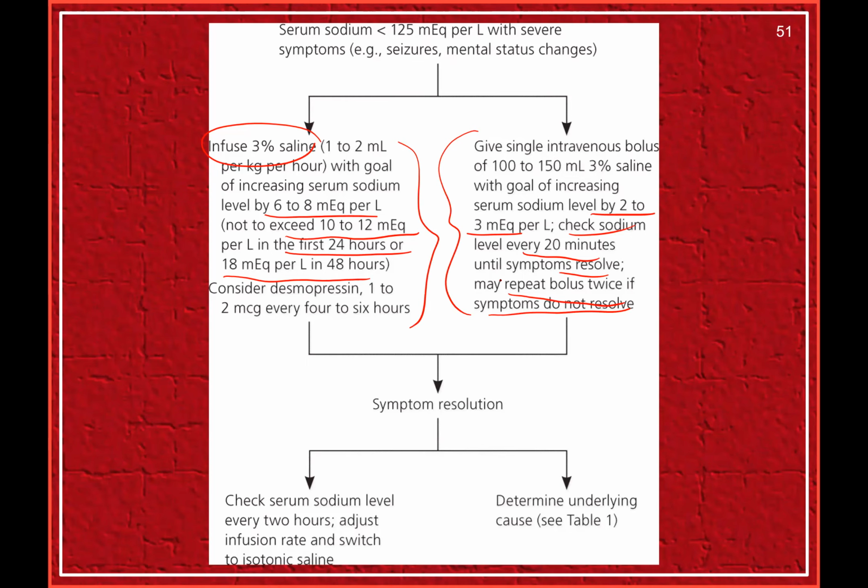Seizures, obtundation, the patient feels drowsy, comatose, mental status changes. All these things start happening if the serum sodium is less than 125. 135 is the cutoff, but the moment it starts coming to 125, these symptoms start appearing.